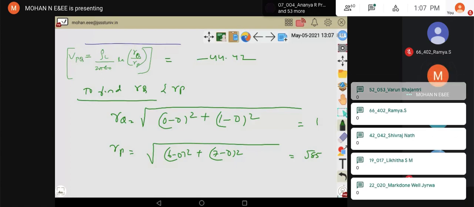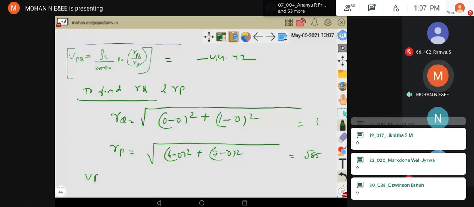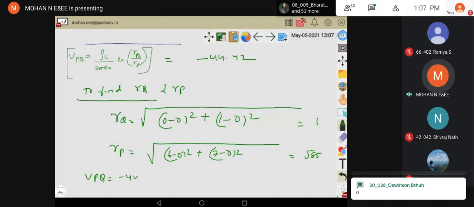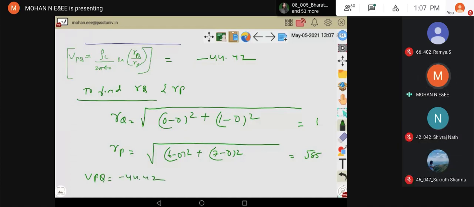Yes. Now I got to know the value of VPQ, that is minus 44.42, and that is equal to VP minus VQ, which is VP minus 0, that is equal to VP. So you got the value of VP due to the line charge.